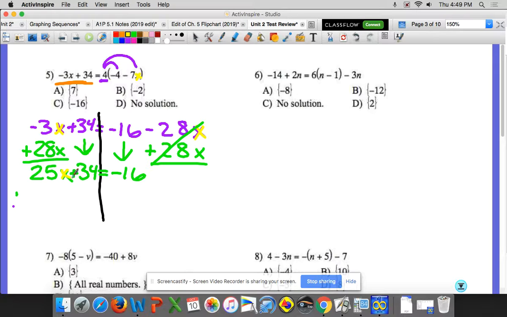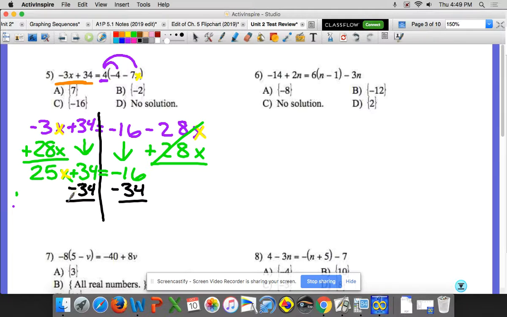So at this point, if we want to get x by itself, the next step would be to eliminate the constant. So we cannot get rid of this 25 that's attached to the x until we get rid of everything else on the left. So we're going to eliminate the plus 34 by subtracting it. We're doing -34.